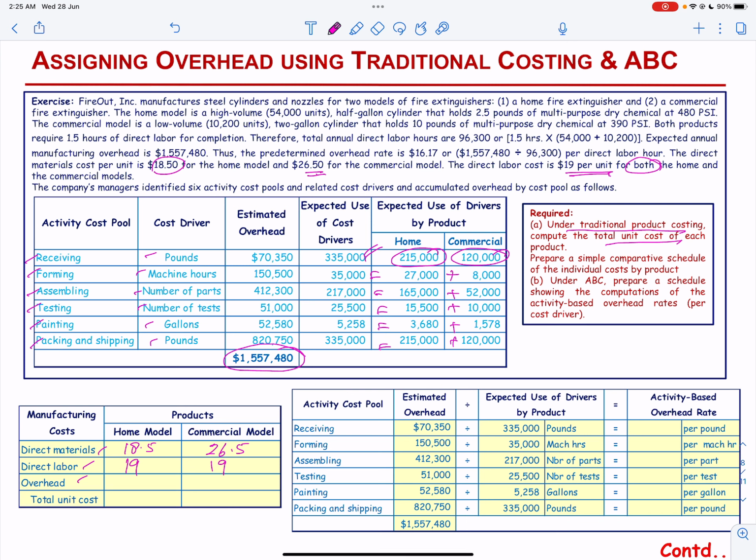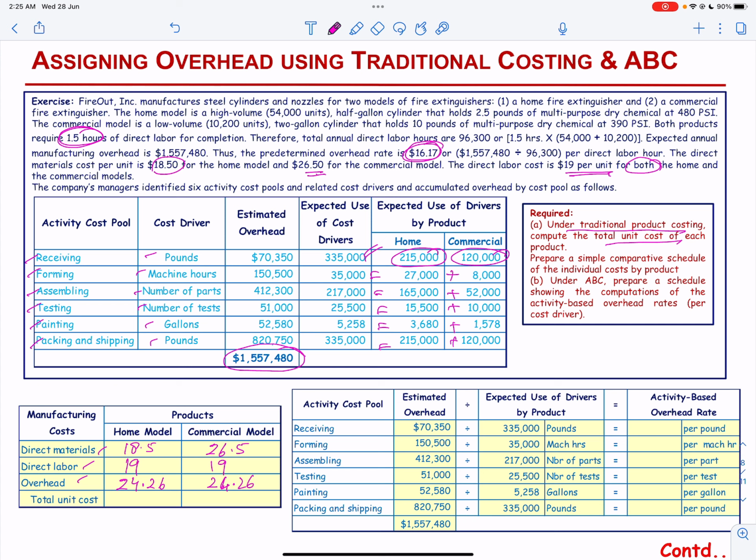And then we look into the overhead. The overhead is going to be 1.5 hours, this is for direct labor for completion, multiplied by the overhead rate, that is 16.17. So 1.5 times 16.17, this will be 24.26, and this will be 24.26.